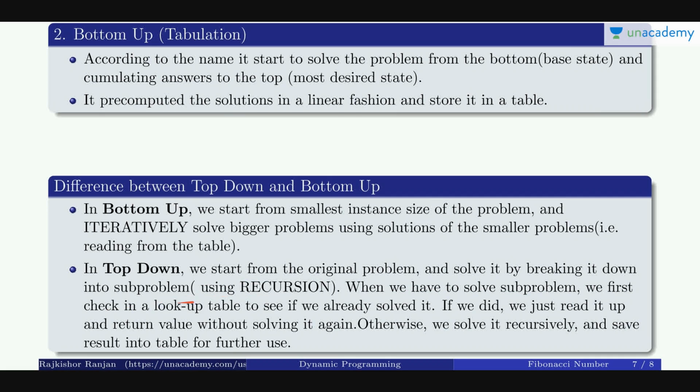Here we use the concept of recursion. When we have to solve a subproblem, we first check in a lookup table to see if we have already solved it. If we did, we just read it off and return the value without solving it again. Otherwise, we solve it recursively and save the result into the table for further use. So these are the differences between bottom-up and top-down.